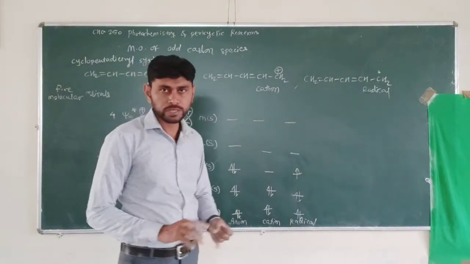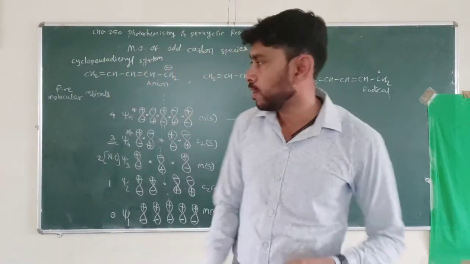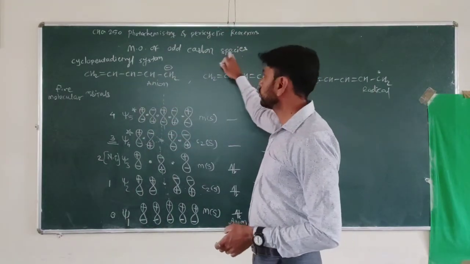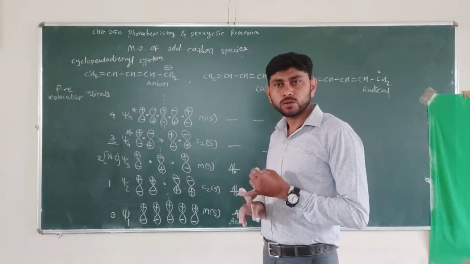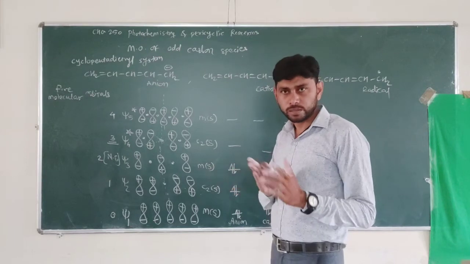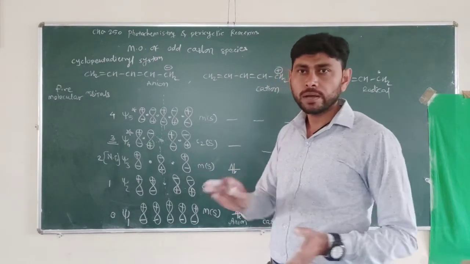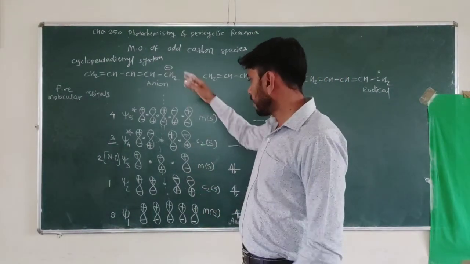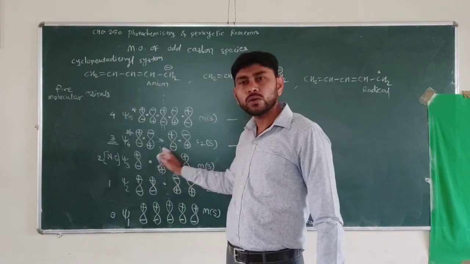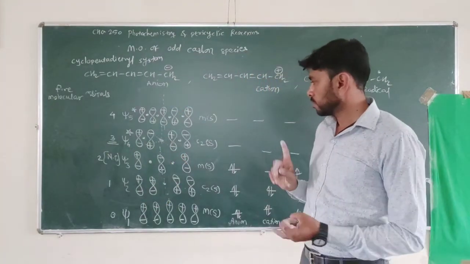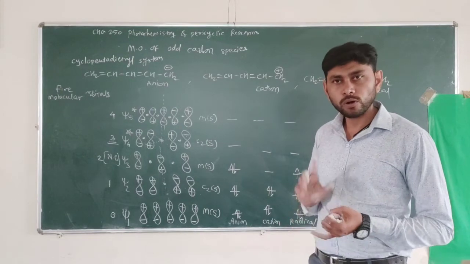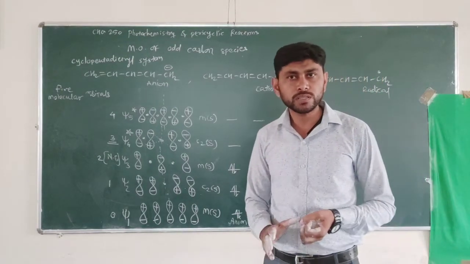And the simple rules for this: in an odd carbon system, one is always a non-bonding molecular orbital, two are bonding and the remaining two are anti-bonding. And for drawing nodes, the rules are that for the non-bonding orbital, all nodal planes pass through the nucleus.